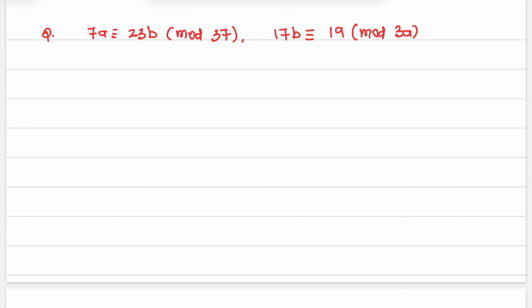You pay attention to this one, 3a. We have to solve for a plus b, if a plus b is less than 999. The maximum value of a plus b we have to find out when a plus b is less than 999. Now, let us try to solve it.